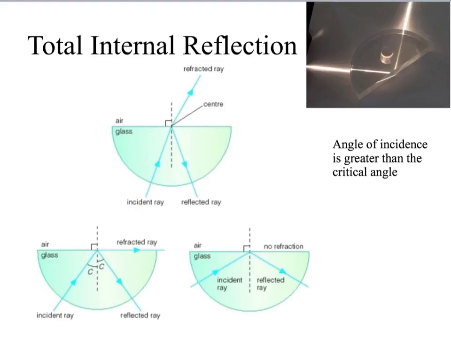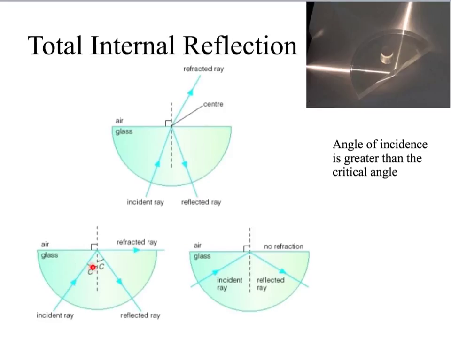All of it will either be reflected internally or will pass along the edge of the block, along here. Now this happens when this angle between the incident ray and the normal is equal to what we call the critical angle. The critical angle depends on the material through which the light is passing. For glass it's about 42 degrees.